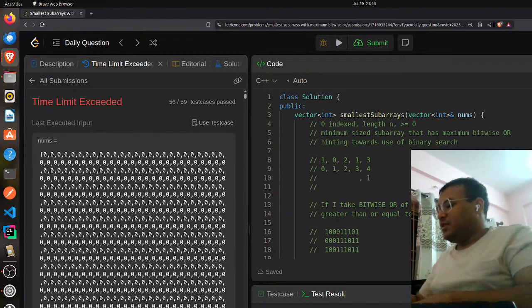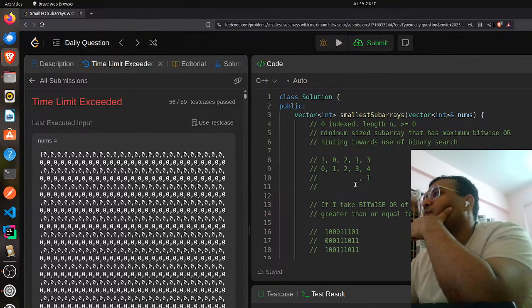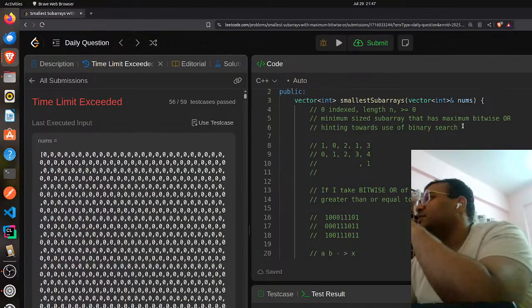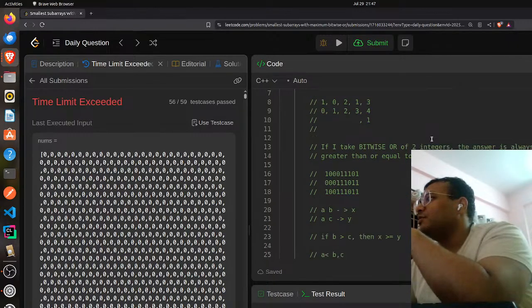Let us go on that thought process. Maximum size available is by maximum method or binary search.